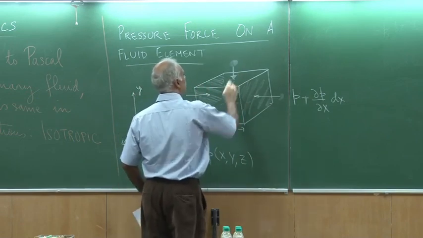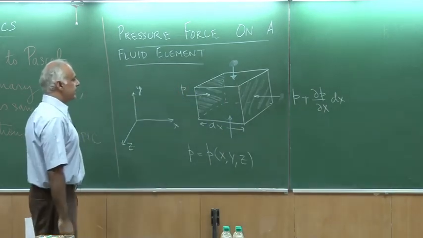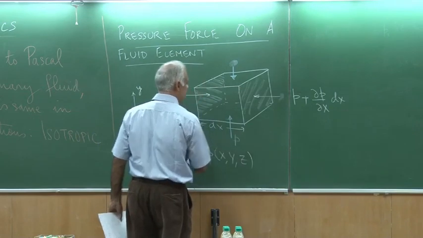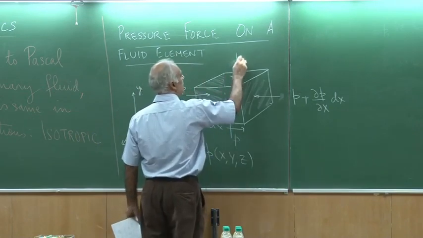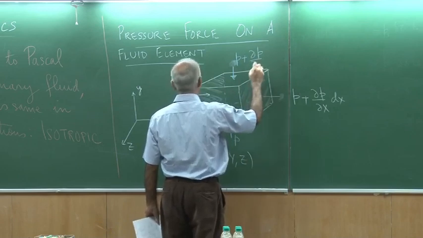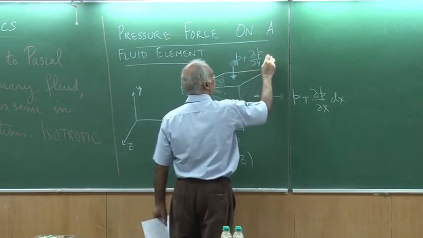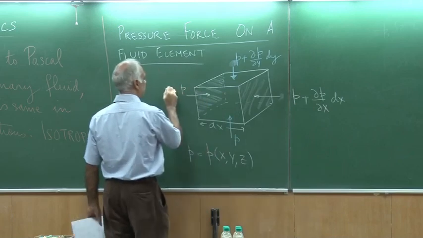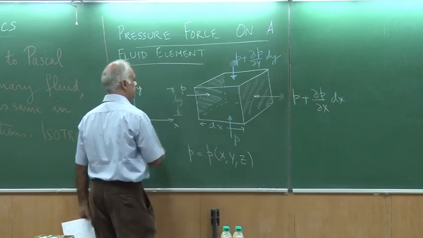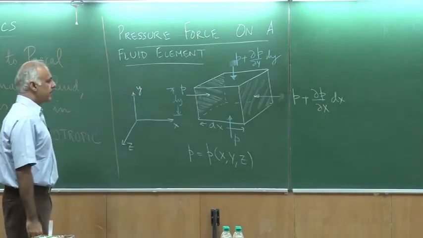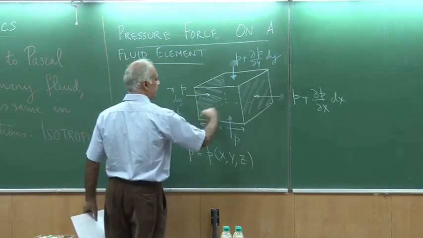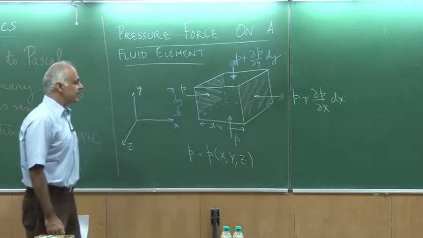Pressure acts on the surface. Okay. So this pressure would be P, and this one I would like to call P plus del P by del y times dy, where this length is dy. Okay. And likewise I could do for the z direction, which is of course in this direction, but I will not clutter the figure.